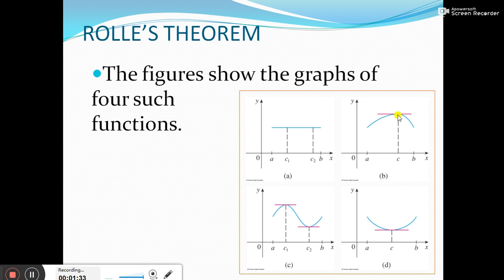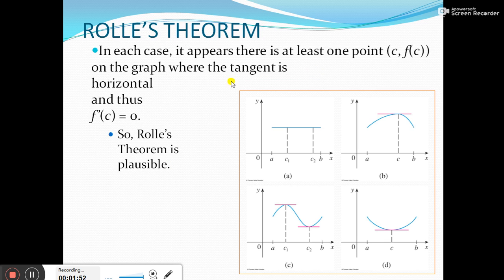This curve, and here the tangent is parallel to the x-axis, and this curve, there are 2 points where the tangents are parallel to the x-axis, and in this curve the tangent is parallel to the x-axis.